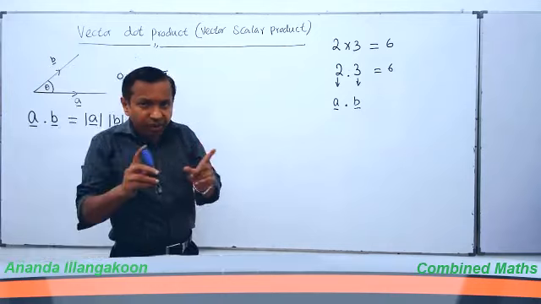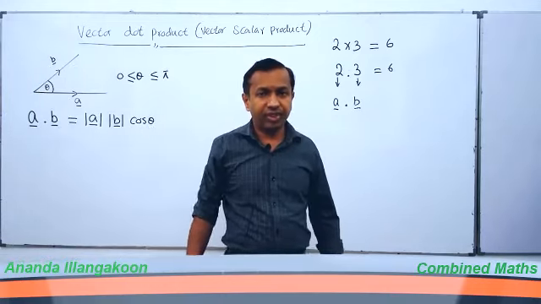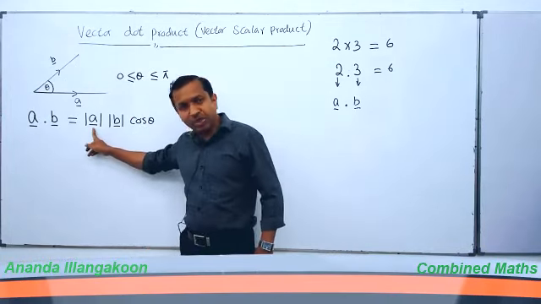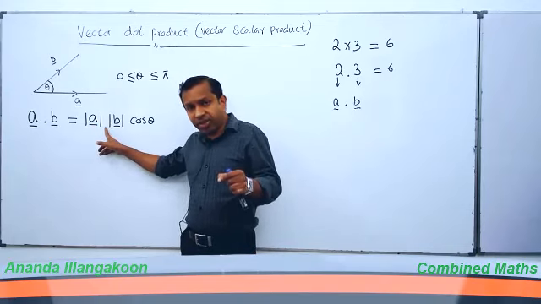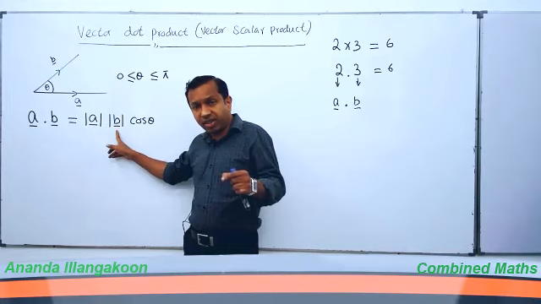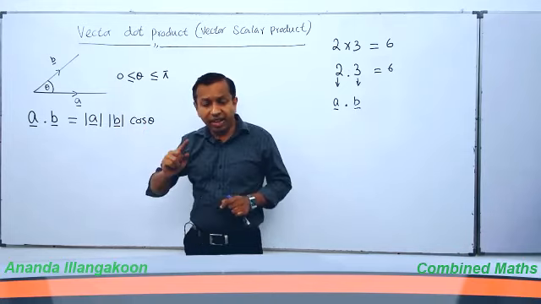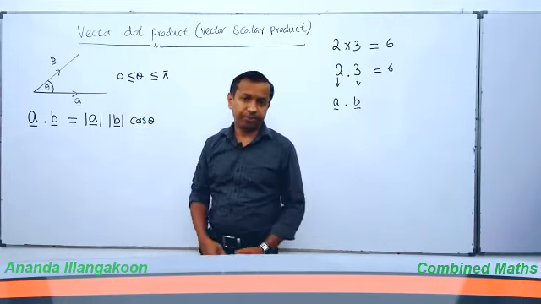Of these two vectors A and B, A dot B we define like this: modulus of A, the size of vector A, multiplied by the size of vector B multiplied by cos theta. What is theta? The angle between the two vectors A and B.